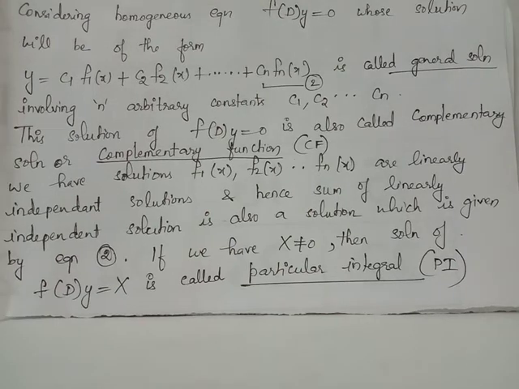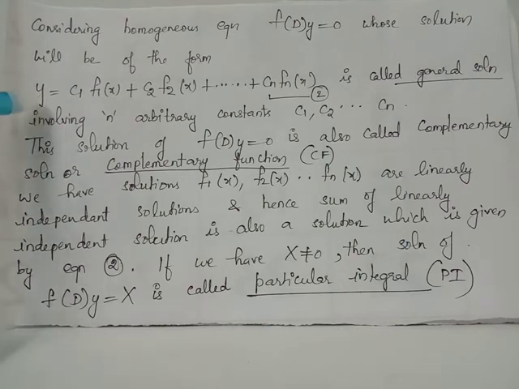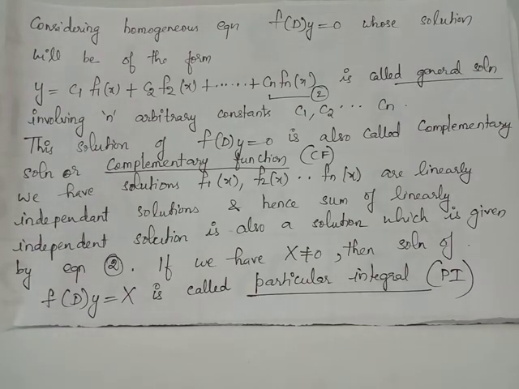That is, when f1 of x, f2 of x, etc., fn of x are solutions to the nth order differential equation f of D acting on y equals 0, a sum of some scalar multiples of these linearly independent solutions will again be a solution. Hence, we have the general solution given by y equals c1 f1 plus c2 f2 plus etc. cn fn, where f1, f2, etc. fn are functions of the independent variable x which are linearly independent solutions.